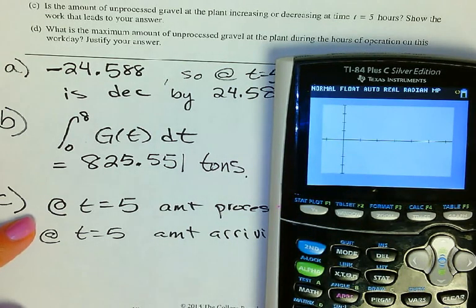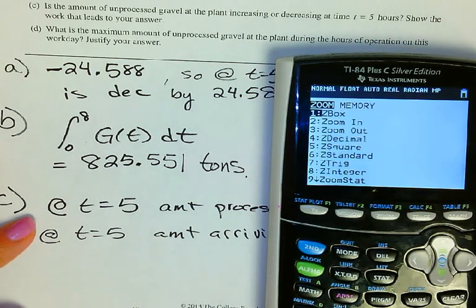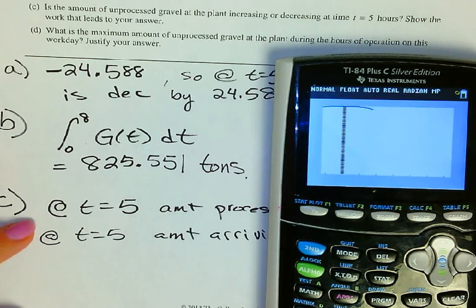Remember, you can always pause your calculator. When it's thinking like this, it's not going to let you do anything, but if you hit on, that'll pause your calculator and let you adjust. So zoom, and then option 0 is zoom fit. That might be a better option here for your calculator. And you can see the graph coming in slowly.